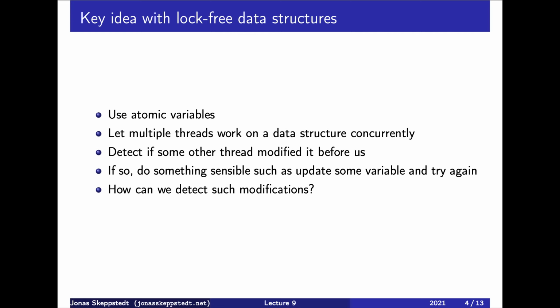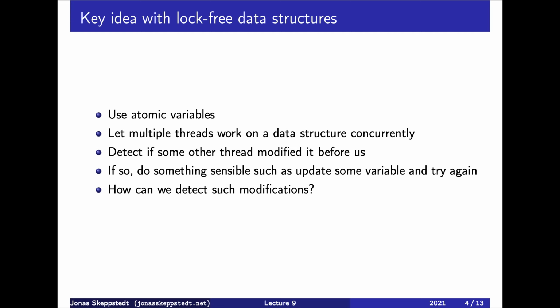Okay, so what is the idea with lock-free data structures? It's to use atomic variables and let the different threads work on a data structure concurrently without locking it, but instead detecting if somebody else had modified the data before us.